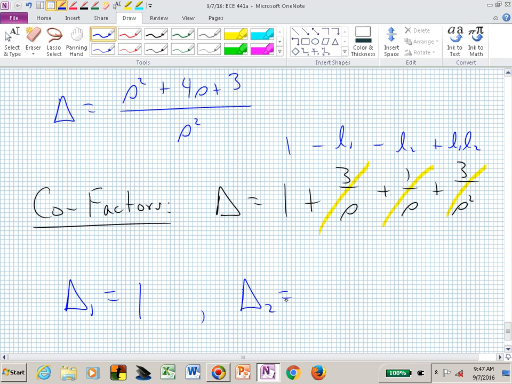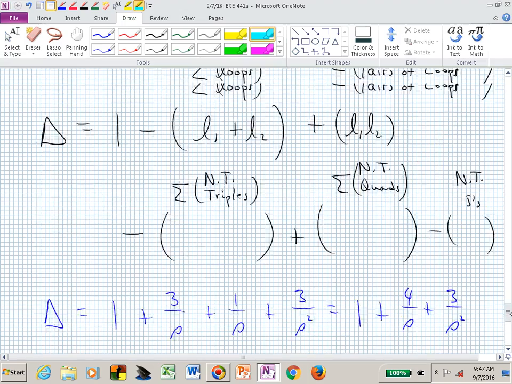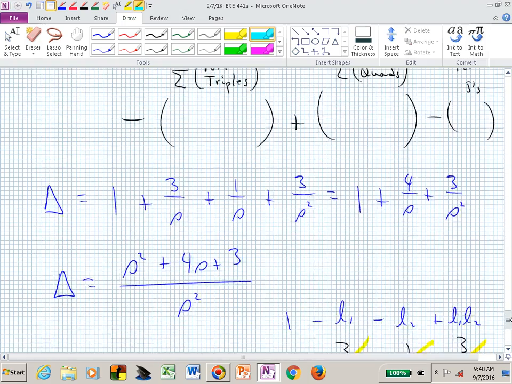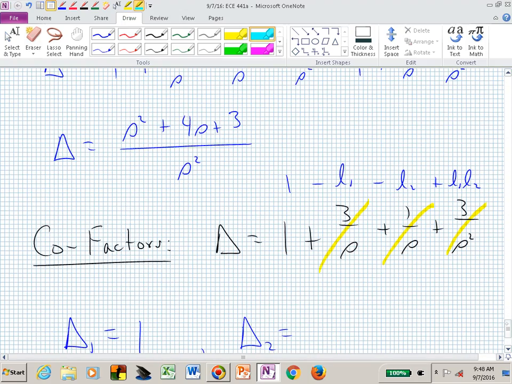Cofactor 2. Now, eliminate or virtually erase path 2. And then in your determinant, get rid of those loops that were disconnected. Was loop 1 disconnected if I virtually erase path 2? Yes, so now anything that had loop 1, I can get rid of.